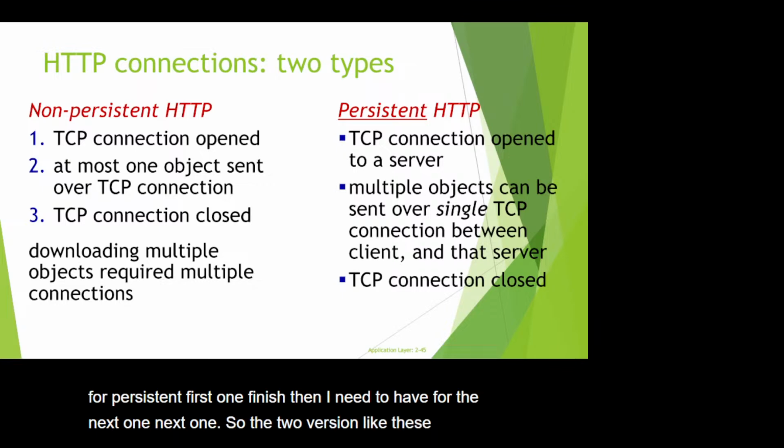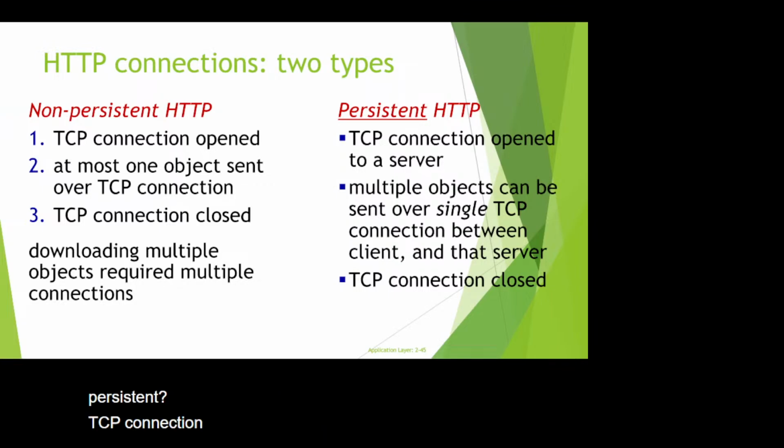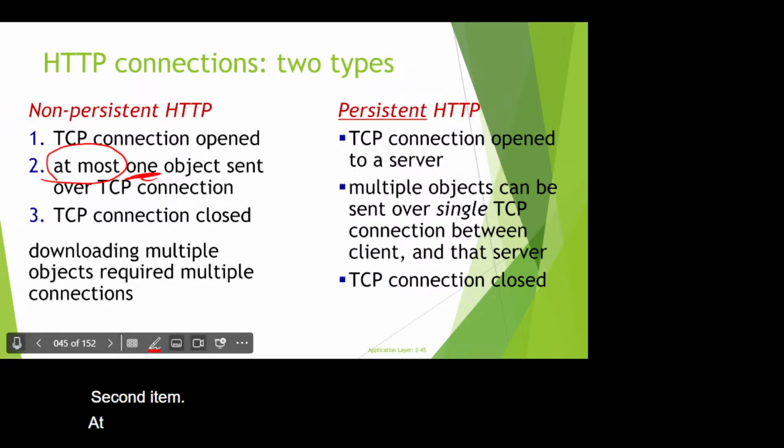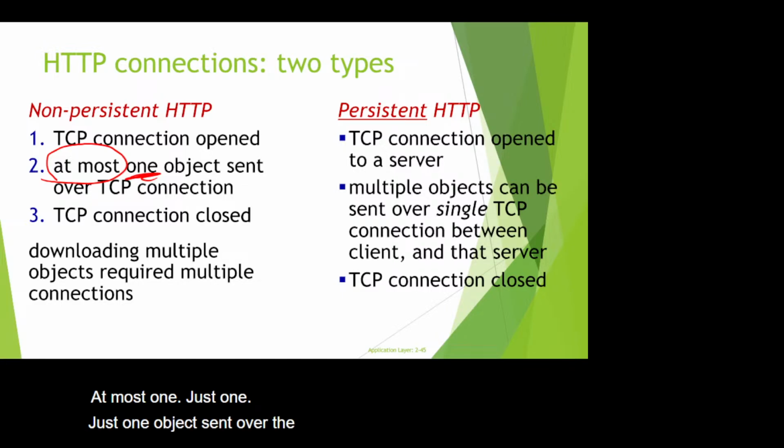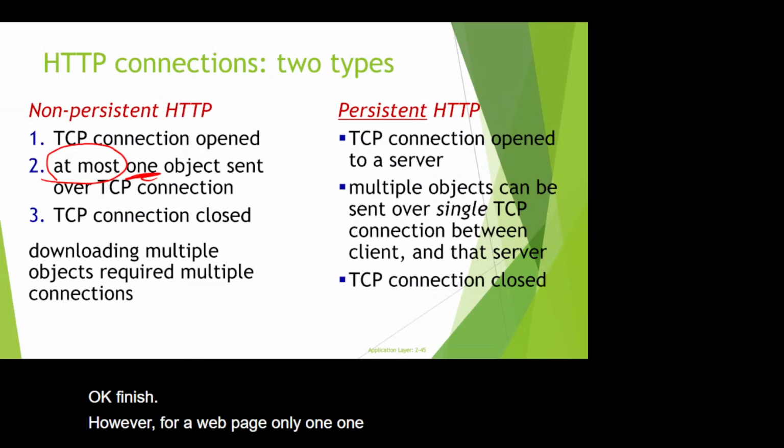Is it true? Like the description I mentioned: with non-persistent, a TCP connection is opened, and at most just one object is sent over the connection. After that, finished. However, a web page normally has more than one object, right?